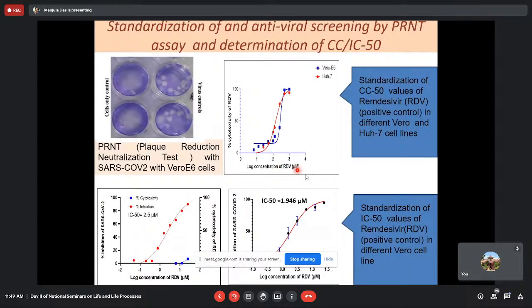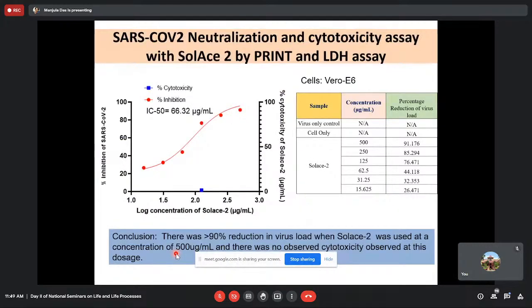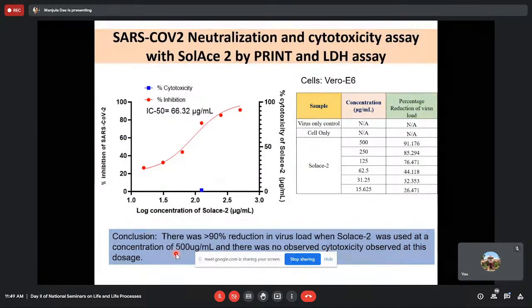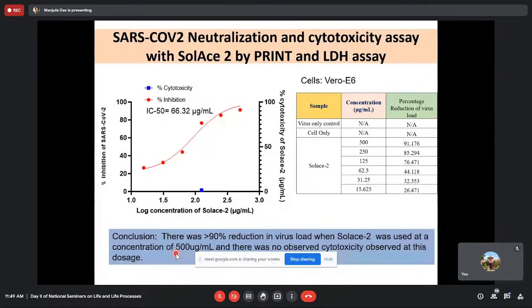Here we have shown that the cytotoxic effect was much more than what we expect from a biomolecule. In later slides, I will show that we have done in vivo assays also, where we see that the cytotoxicity is much lesser.